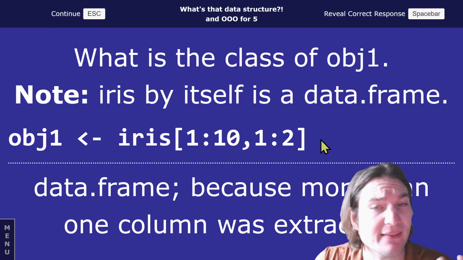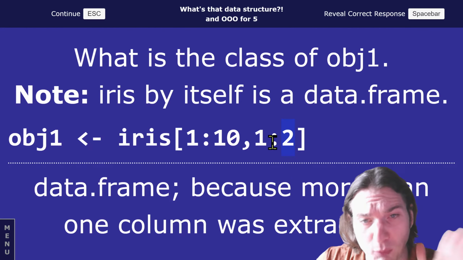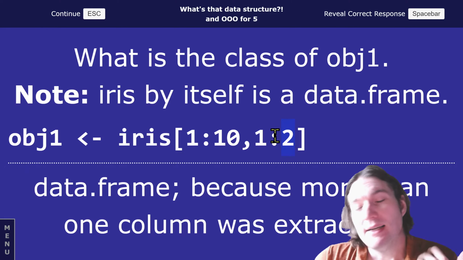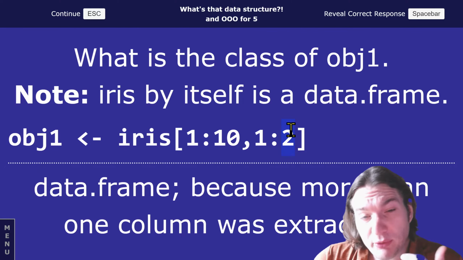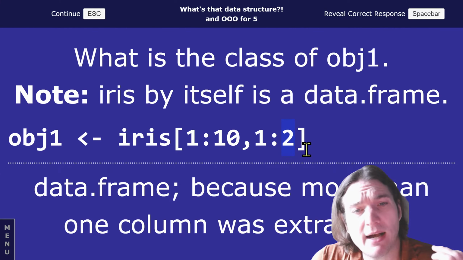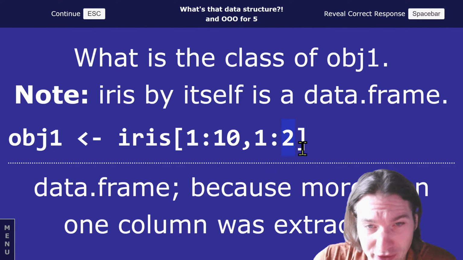This should be contrasted to what would happen if, let's say, I had only done column 2. If I had left off the 1 and the colon and only extracted column 2, because it's simplifying to a single container using that square bracket method, R does take it upon itself to simplify to a vector.